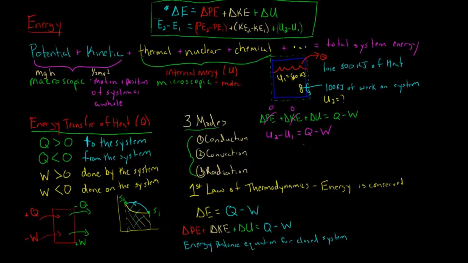So Q is going to be minus 500 kilojoules. Then we're going to have a minus. This minus sign is not just with this work, it's Q minus W. So our work, what is happening? 100 kilojoules of work on the system. If work is done on the system, it's going to be less than 0. So right here, it's going to be minus 100 kilojoules.